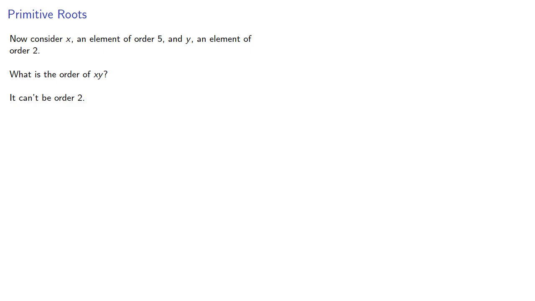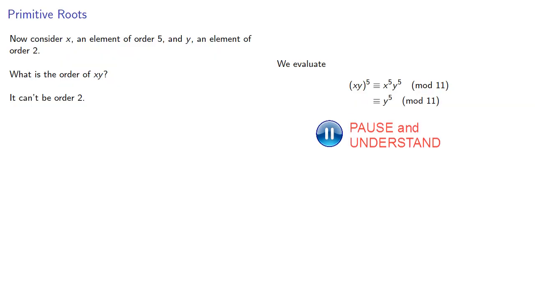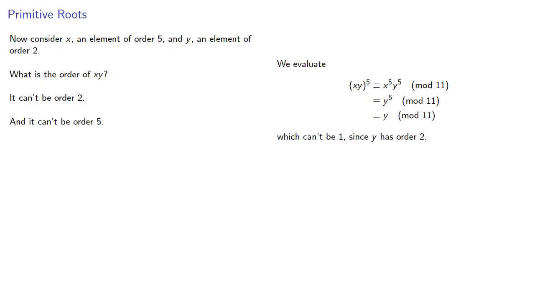And similarly, that product can't have order 5 because if we find xy to the 5th, we get, and this time x to the 5th is congruent to 1, so we can ignore that factor. And y has order 2, so this y to the 5th reduces down to y, which can't be 1 since y has order 2.